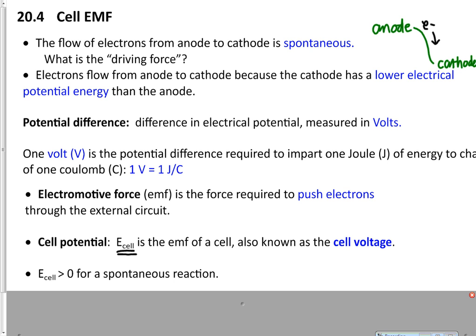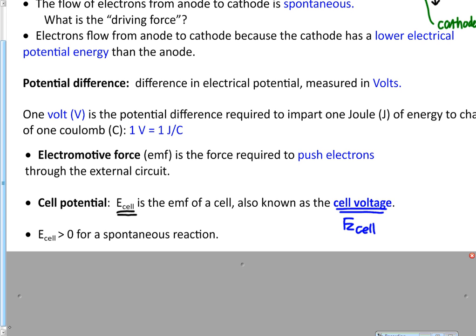So E stands for the electrical potential, and cell refers to whatever voltaic cell I've put together. Sometimes we refer to it as the cell voltage. So if I say cell potential, cell voltage, or E cell, I'm asking you to find the same thing in all 3 cases. For a reaction to be spontaneous, E cell has to have a positive value.